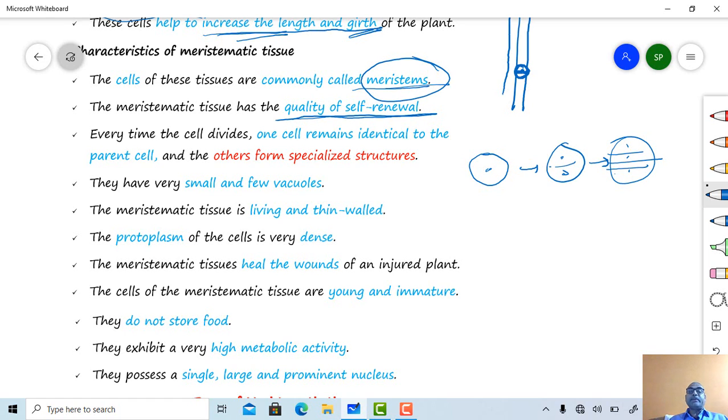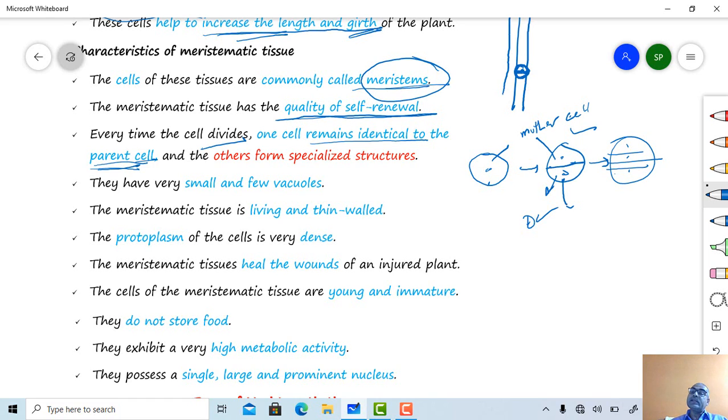Every time a cell divides, one cell remains identical to the parent cell. Suppose this is a cell and this cell divides and forms such a type of cell. These two cells are produced, but one cell remains identical to the parent cell, the mother cell, and another is considered a daughter cell.